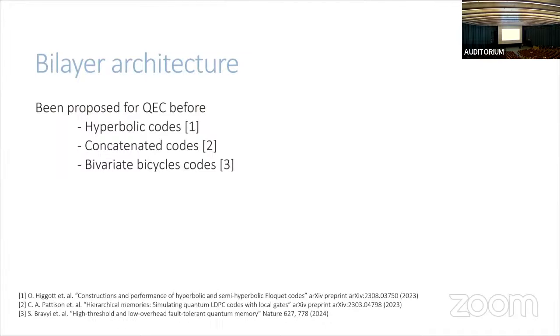In our scheme, we also use a bilayer architecture, and this has been proposed for a number of QEC projects, including hyperbolic codes, the concatenated codes that we just saw, and the bivariate bicycle codes, which also aim to be implemented on superconducting hardware.